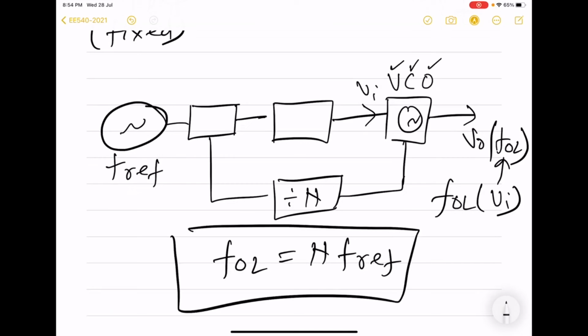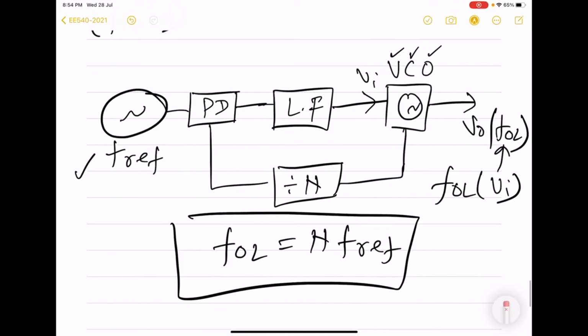So here you can see that we will be able to achieve theoretically whatever frequency we want, but for any given circuit, there will be range over which the output can be varied, not over the all possible range. And it does by processing this input signal with the help of block, first block, which is called phase detector. Then here we have loop filter. And this circuit, you can see that it has a loop here.